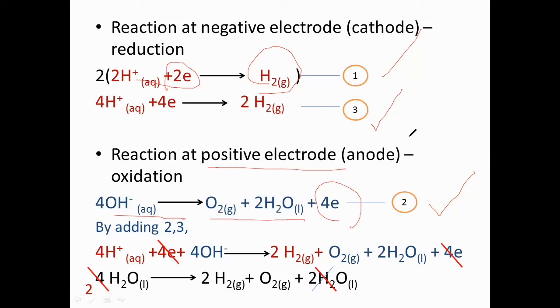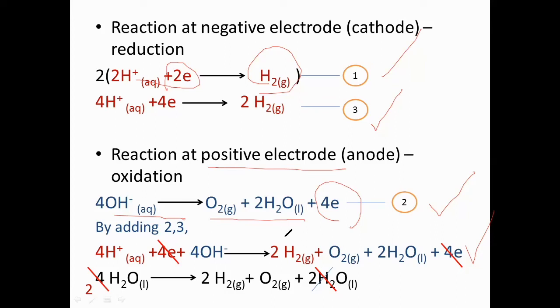By adding the second and third reactions, we get the full ionic reaction. You can see here, we simplify the reaction by cancelling the electrons, and the 4H plus and 4OH minus form the water.